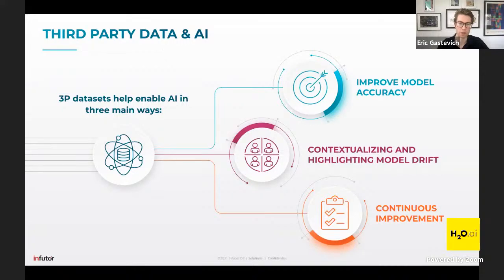Second point, contextualizing and highlighting model drift. This is an interesting one. At Infutor, we see billions of records from our clients. And out of that, we're able to ascertain that about 30% of client CRM data decays within 12 months. Obviously consumers are dynamic.